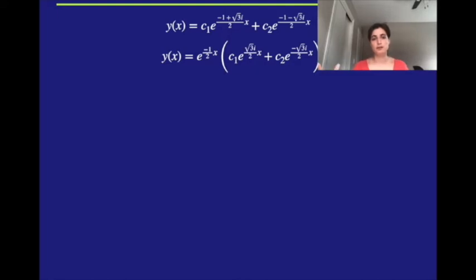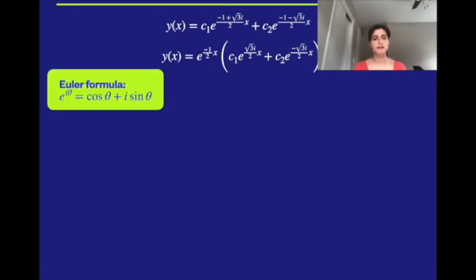Well, first of all, I'm going to take out of a parenthesis the part of the exponential that doesn't deal with the imaginary number, so I can concentrate on the part that has the imaginary number in it. And I remember the Euler formula. This is a very important mathematical formula, but I don't really know if you have been using it before.